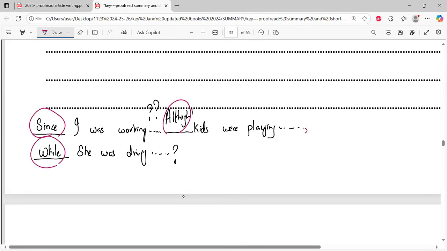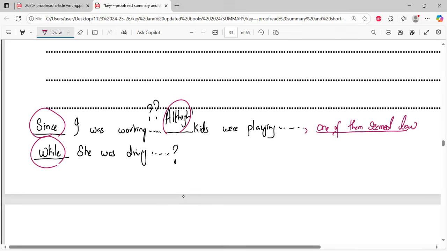और फिर उसको आप complete करते हैं by adding another piece of information. जैसे कि although kids were playing in the garden, although all kids were playing in the garden, one of them seemed low.